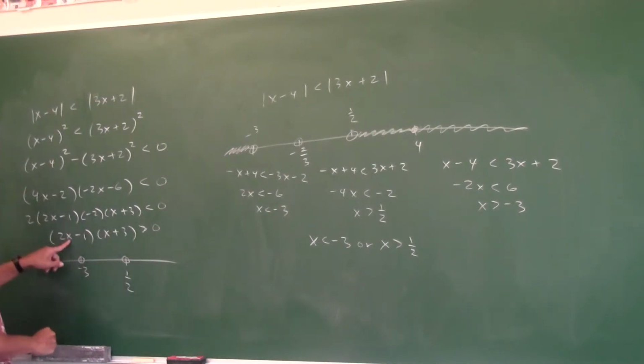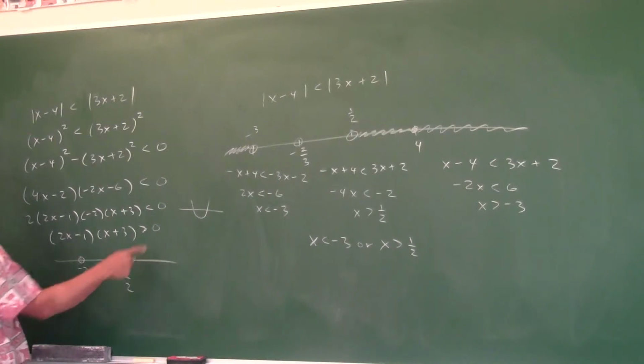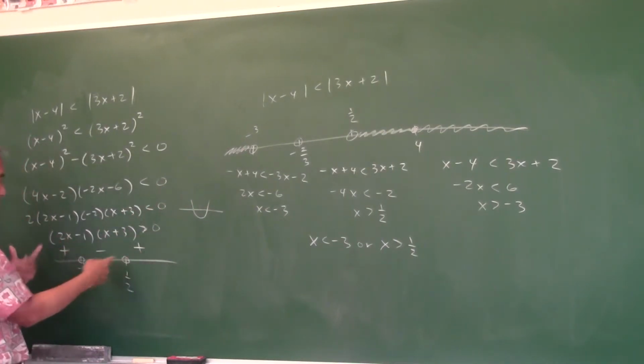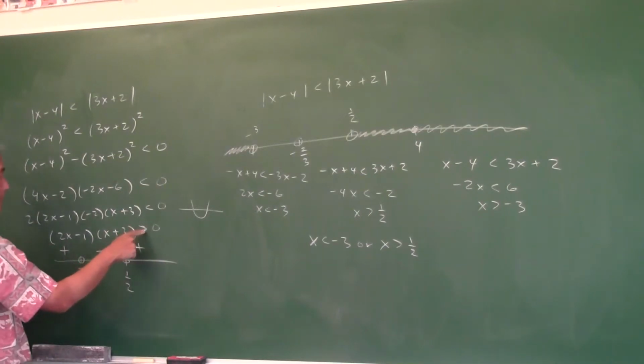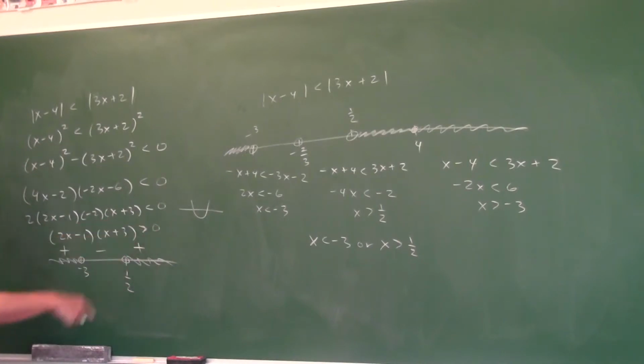See, when I see this, I'm thinking of a parabola that opens upward, right? If you draw the graph, it's going to be above, below, above. So you know it's going to be plus, minus, plus. Or you can just plug in numbers to test. And we're looking for greater than 0, so same answer, right?